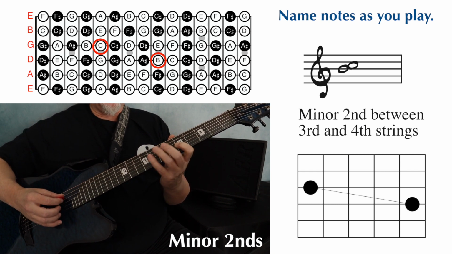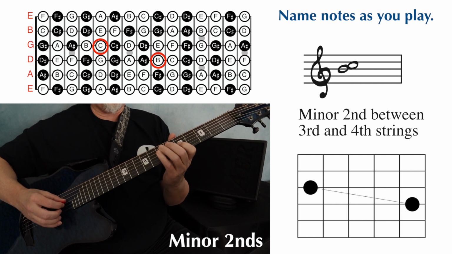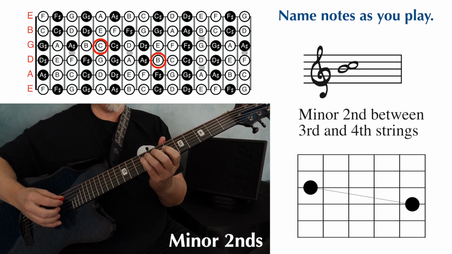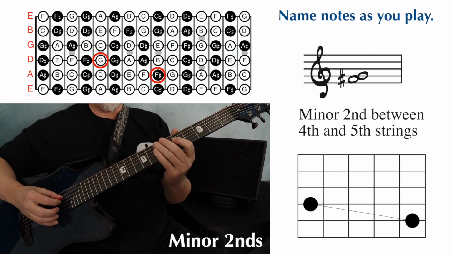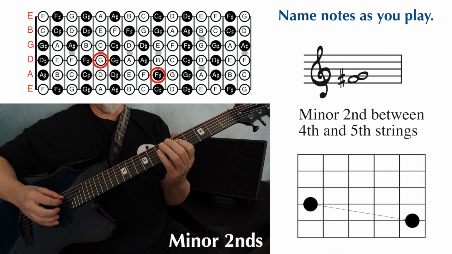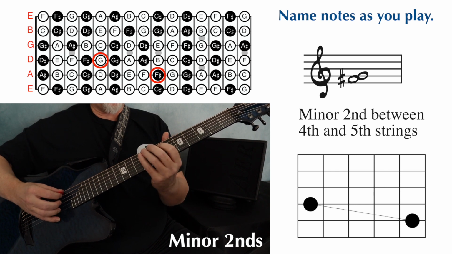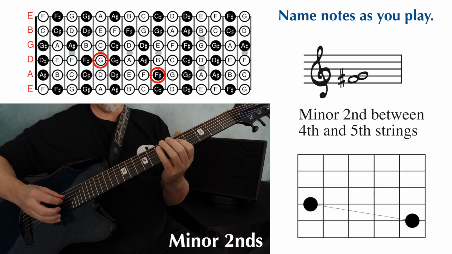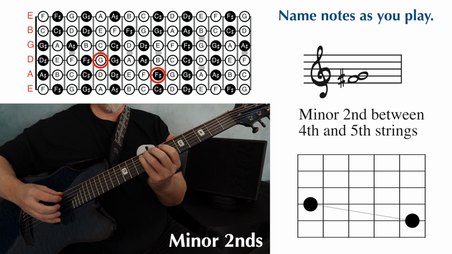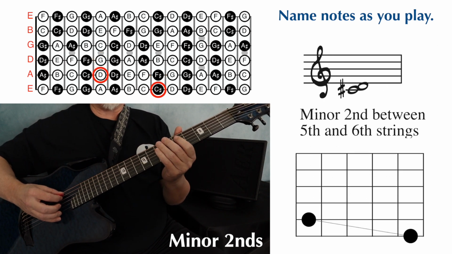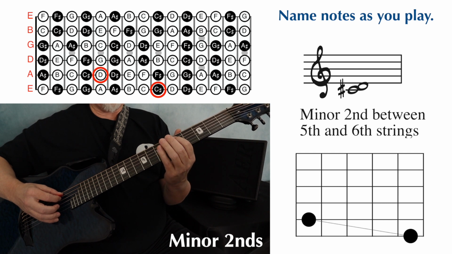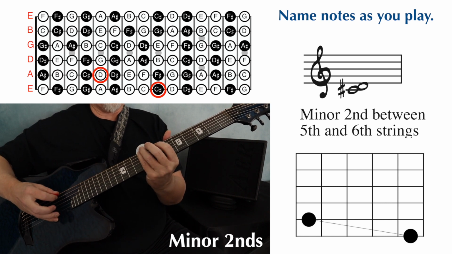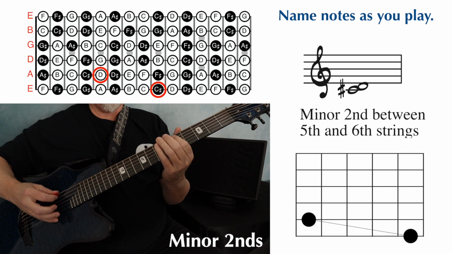C, B. A minor second between strings 4 and 5 is also 4 frets distance. So here's a G, F sharp. Minor second between strings 5 and 6 is 4 frets distance. D, C sharp.